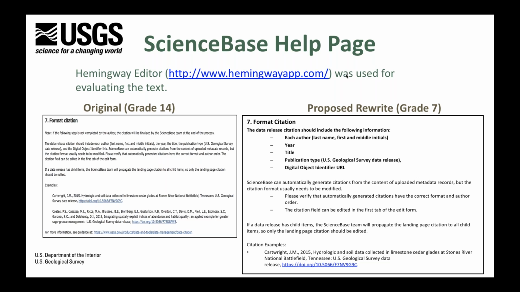The grade might be a little bit arbitrary because, as you can see on the left-hand side, there's grade 14. In the US system, we don't technically have a grade 14, but what Hemingway Editor is trying to say is relatively how much harder the text is to read. The higher the grade level, obviously, the harder it is to read versus a lower grade level.